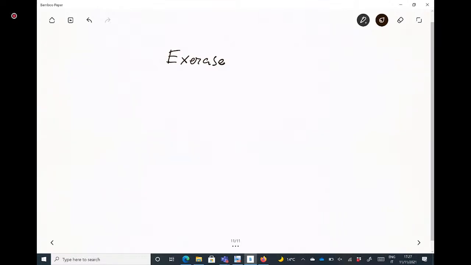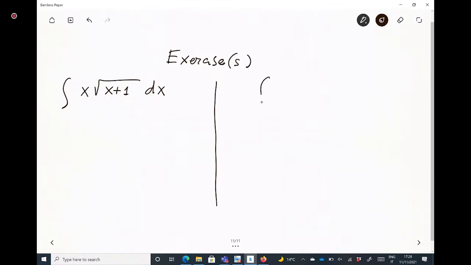Okay, this is an exercise, but it is very instructive. They are two, actually. One is computing the integral of x times the square root of x plus 1 dx. And one is computing this very similar integral, which is x times the square root of x squared plus 1 dx.